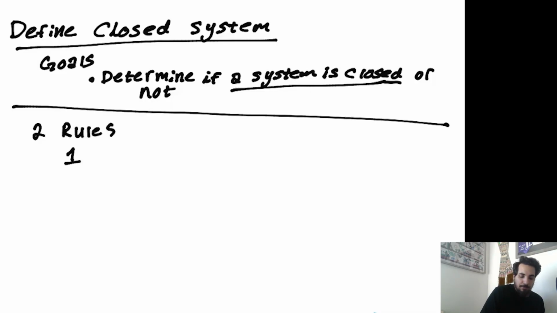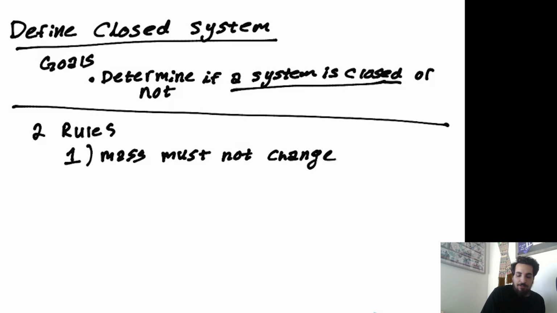The first is that mass must not change. Whatever your system is, the total mass in your system cannot increase, cannot decrease. It must stay the same.